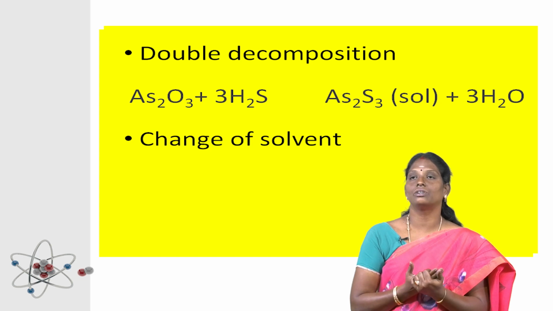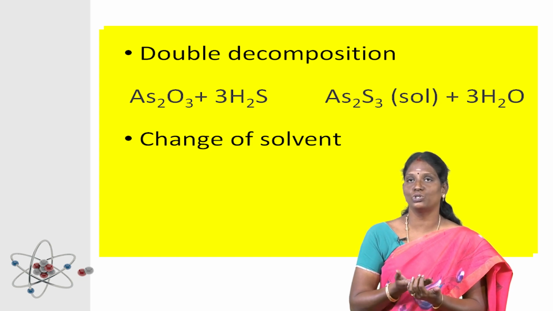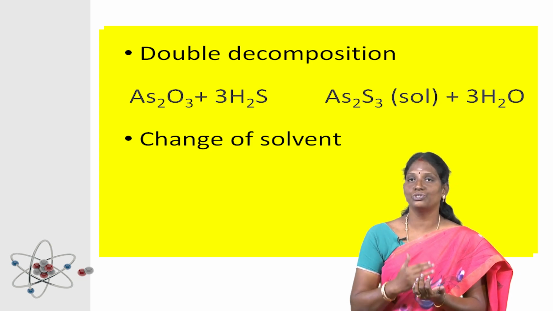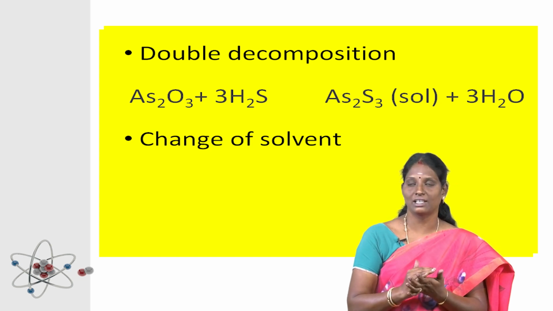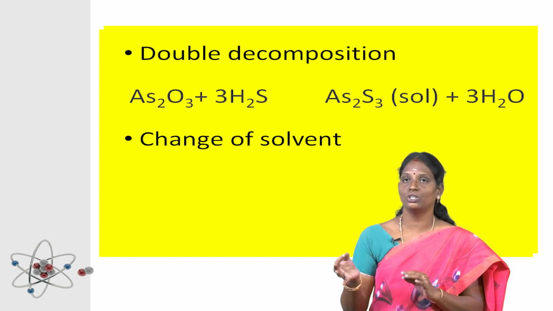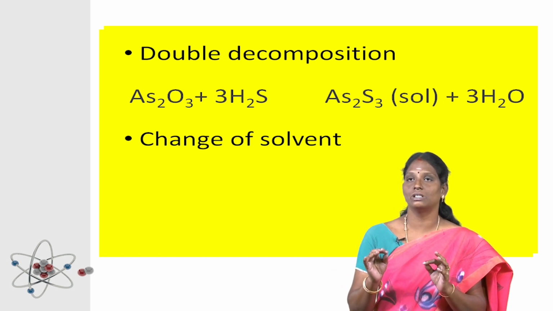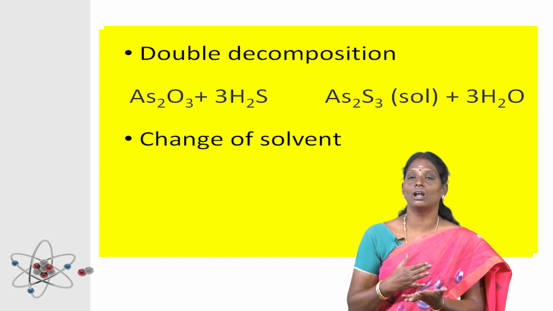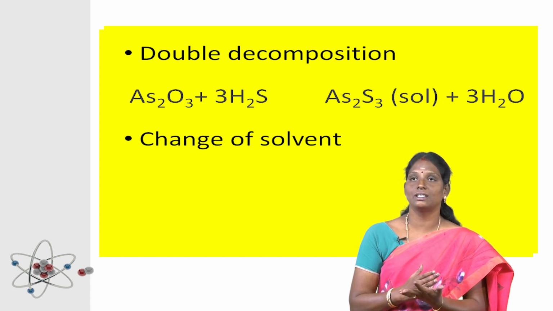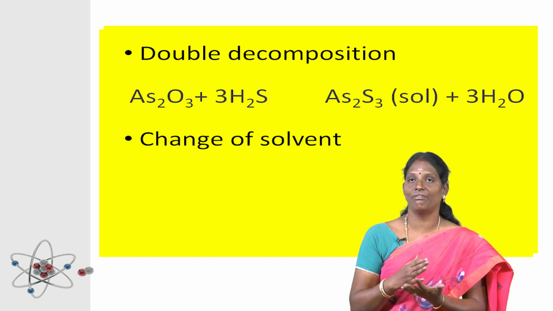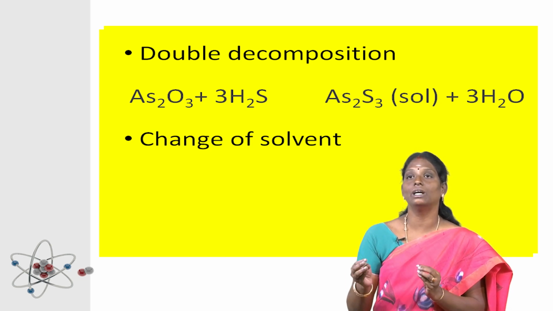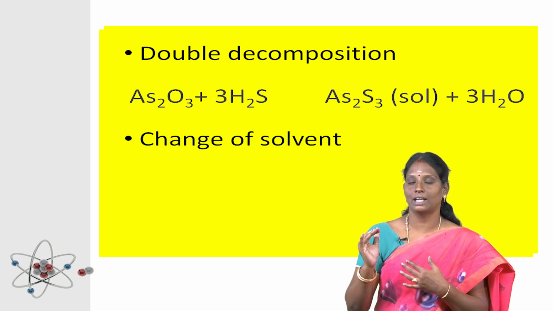This process is continued till the yellow color of the sol attains maximum intensity. That means the arsenic sulfide sol is prepared, and at this stage we can stop passing the hydrogen sulfide gas.